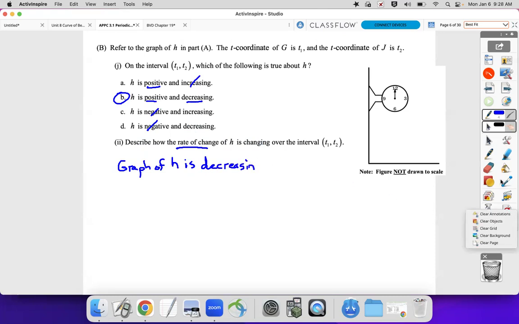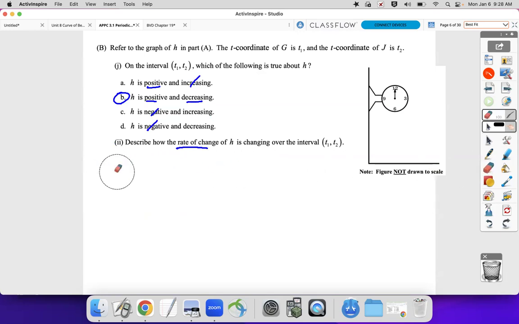Let me say it this way. The rate of change is increasing. You know what? I'm going to type it because it's going to take me forever to do it this way.